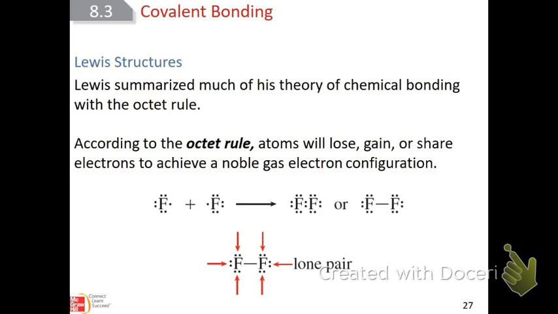If it's paired with something else, it's not going to share fairly. But if it's sharing with another fluorine, then they're going to share 1 electron from each one in between, and that's going to make a bond.